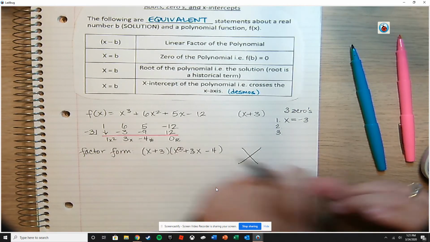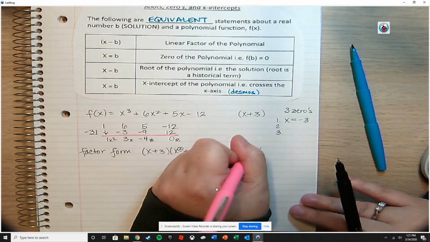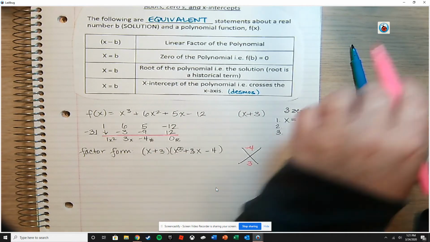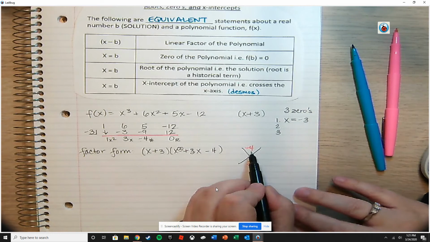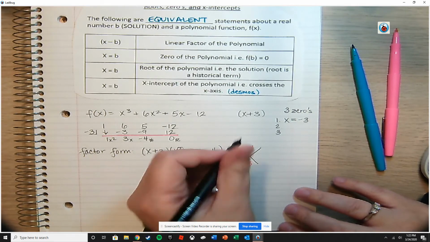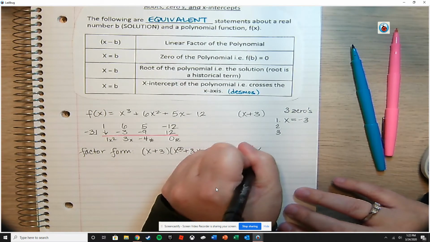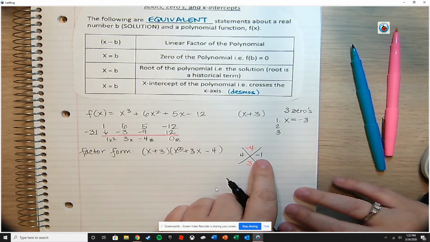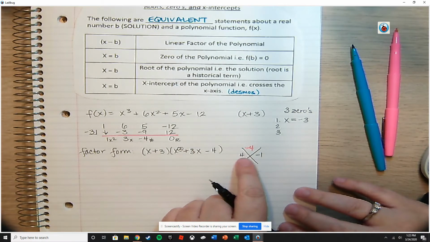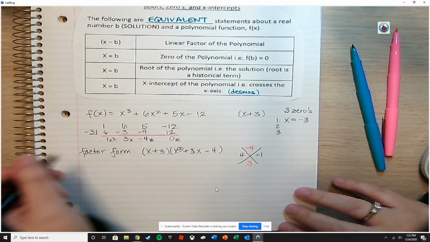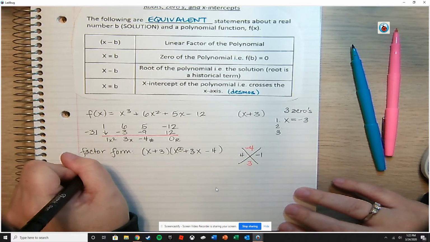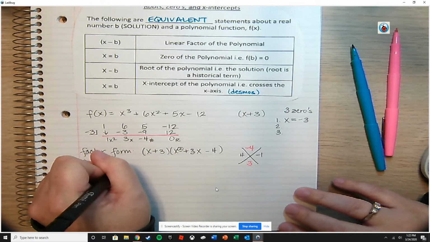So that means negative 4 would be on top, 3 on the bottom. A multiplication pair for negative 4 would be 4 and negative 1, because that would give me negative 4, and when I add those up, I would get 3. So I'm going to factor again.